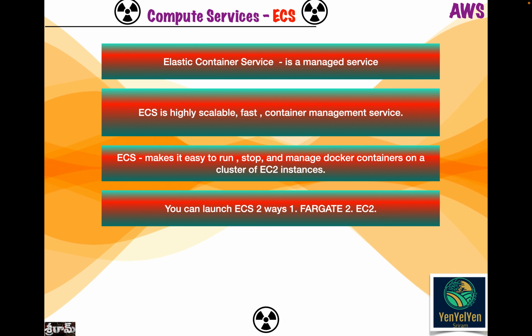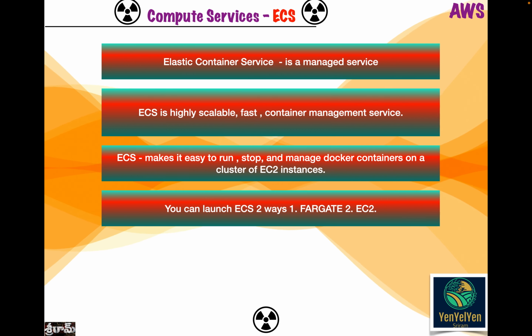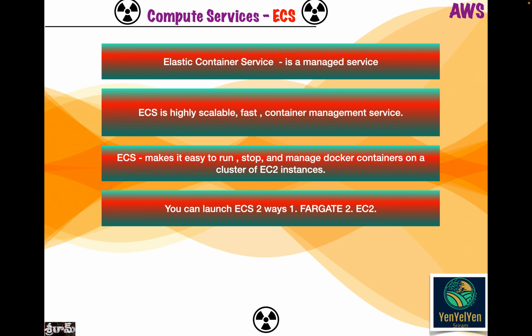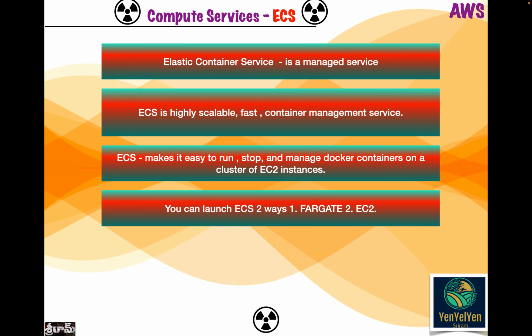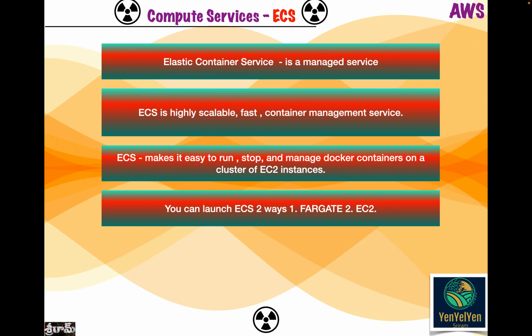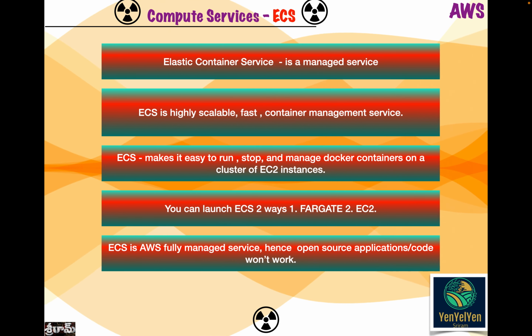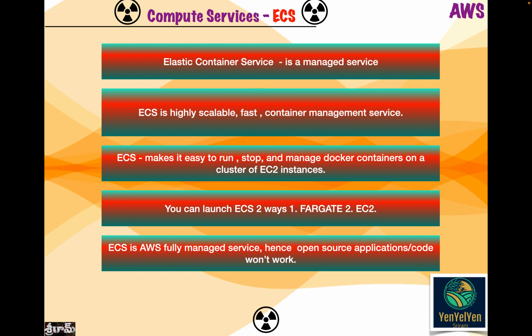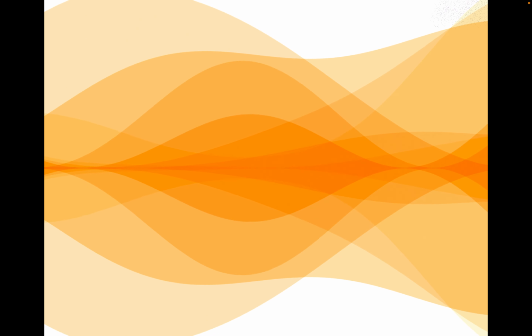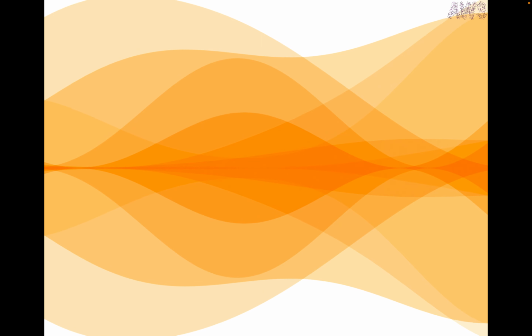ECS launch types can be of two types: Fargate launch type, which is serverless architecture, or you can also launch your ECS with EC2 instances. ECS is an AWS fully managed service, hence open source application code won't work on ECS. For that you need to use the next service, that is EKS, Elastic Kubernetes Service.